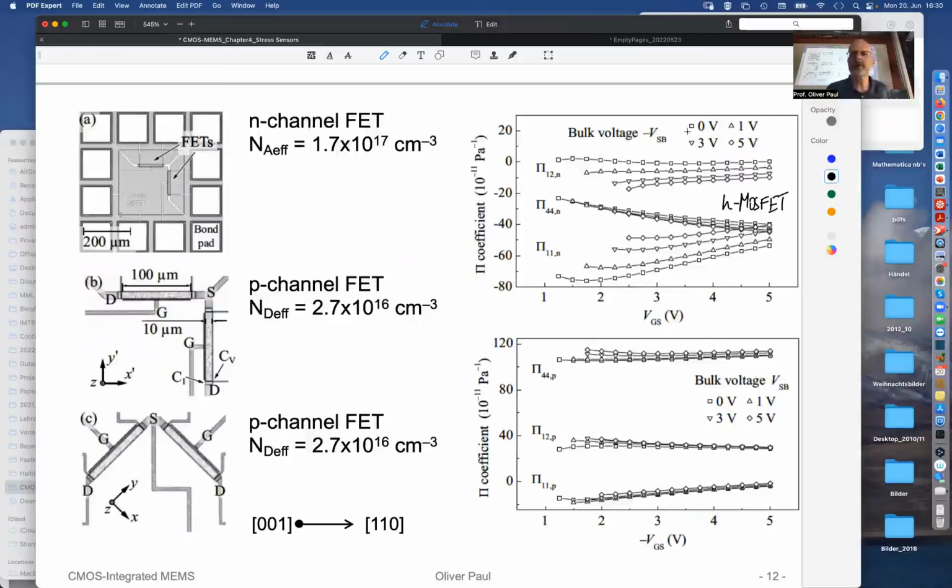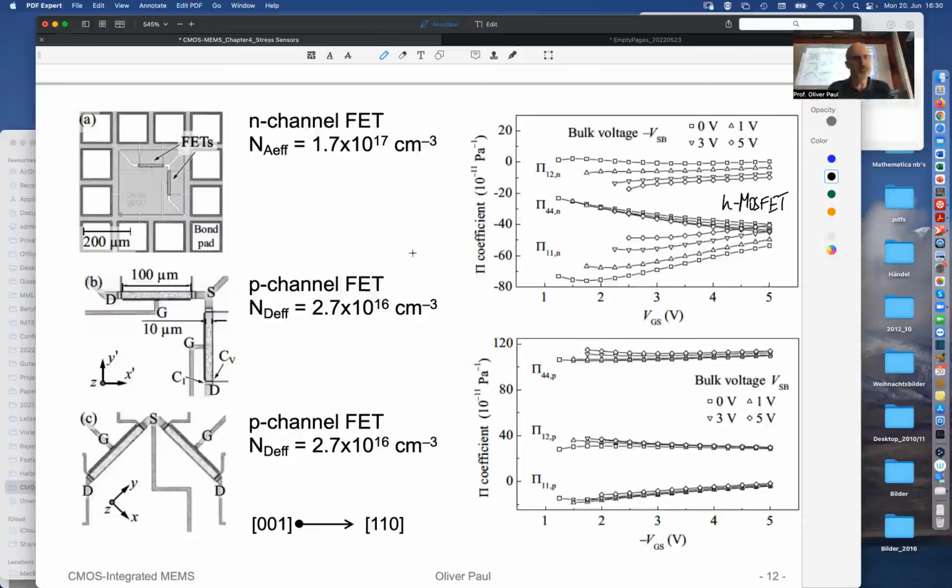And second, it depends also on the biasing of the device. So how strongly is the bulk biased with respect to the source? There is the source drain voltage, there is the gate voltage, and there's the body voltage or bulk voltage. And now the biasing of the bulk influences how strongly inverted the inversion layer is, and that obviously has a strong influence on the piezoresistive coefficient.